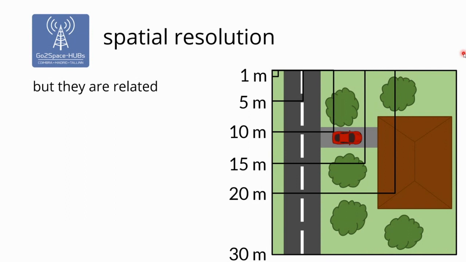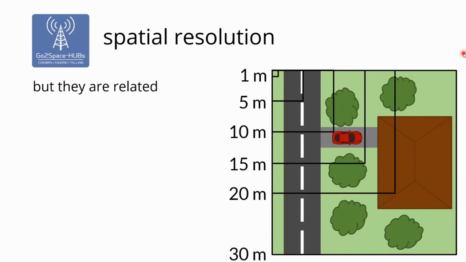So if we need to see an object of 10 meter size, we need a 3 meter pixel. I don't think we have time to go into details why that is, but just remember that those two measures, spatial resolution, the smallest object, which is the most important thing for us, and the pixel size, are related but not actually the same.